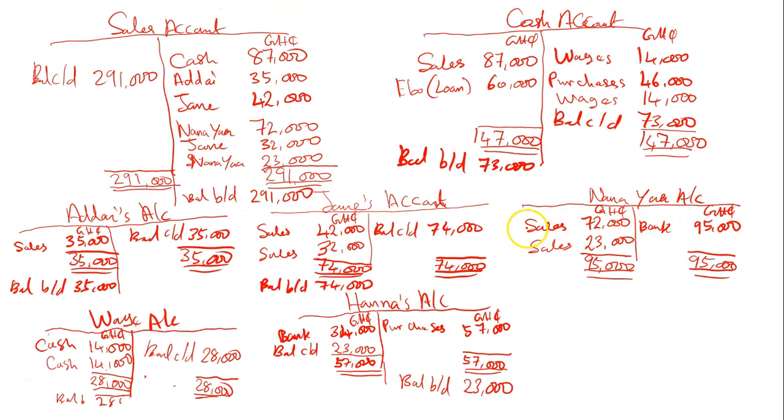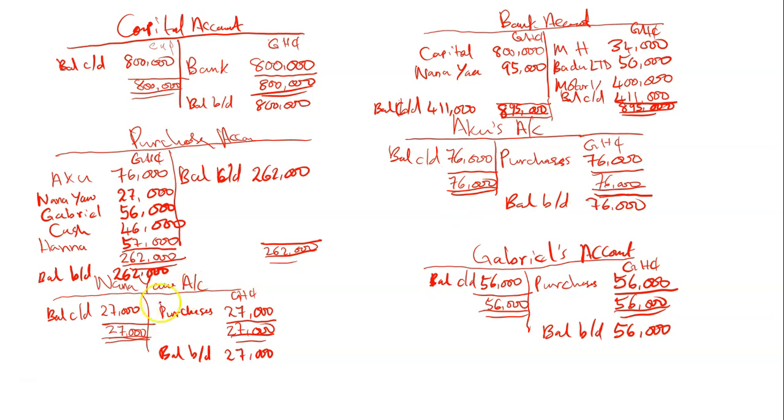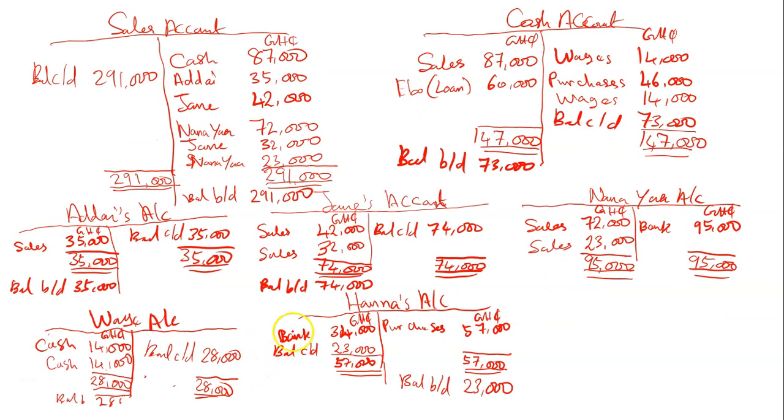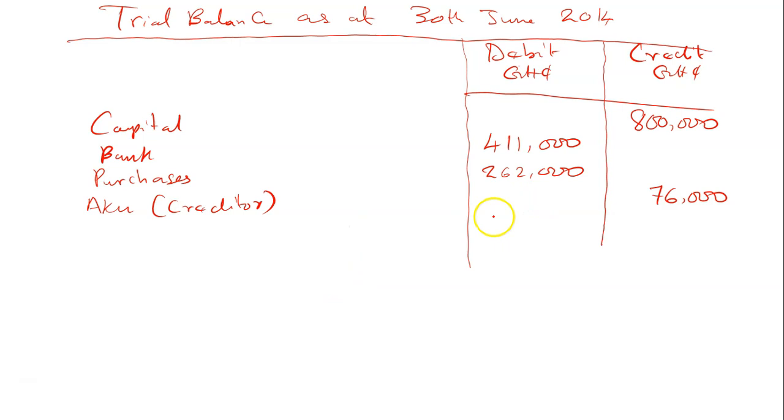Then let's check the next person, Nana Yao. Nana Yao also has a credit balance. He's a creditor, okay, of 27,000. So let's record that. Nana Yao, also a creditor, 27,000.